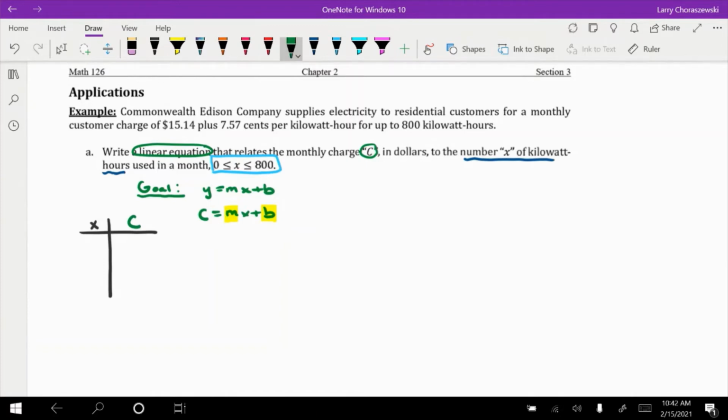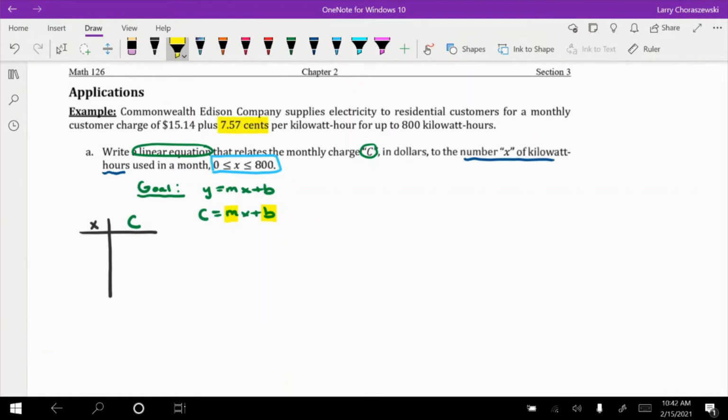Now, before we get going with values in this table, there's one subtle but important detail within the first part of the example where it provides us the information about costs. It's this guy right here, 7.57 cents.